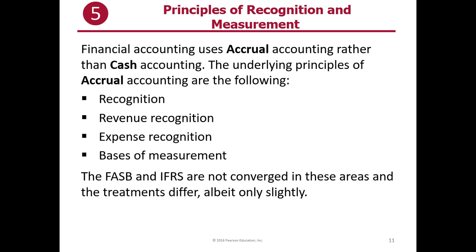Last factor that affects the development of accounting standards are the principles of recognition and measurement. So you have to remember these terms: qualitative characteristics, elements of financial reporting, and the principles of recognition and measurement. That is the last part.